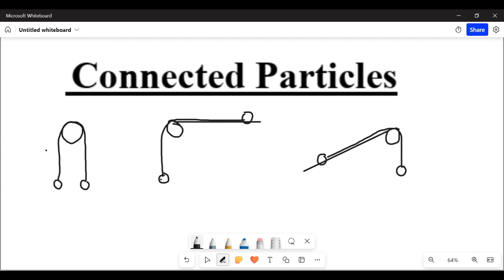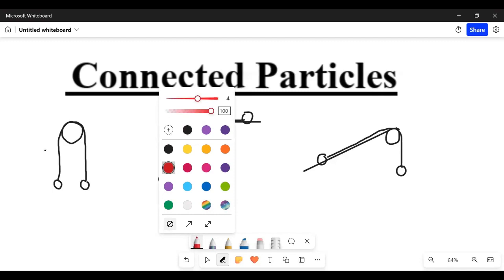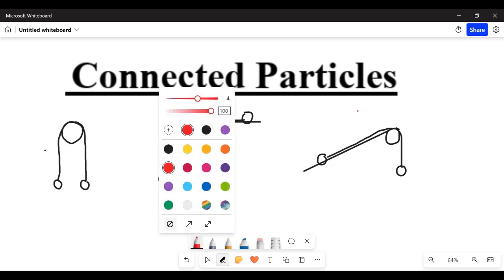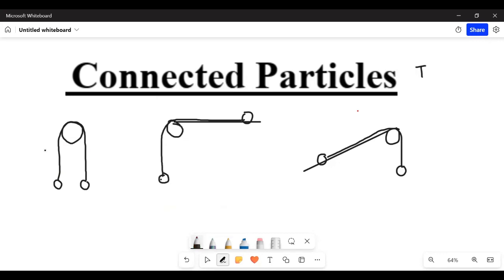Let's take a look at the first system. Since this is one string passing through the pulley, the tension in the string is going to stay the same. Tension in the string is the same throughout, and it points away from the particle.